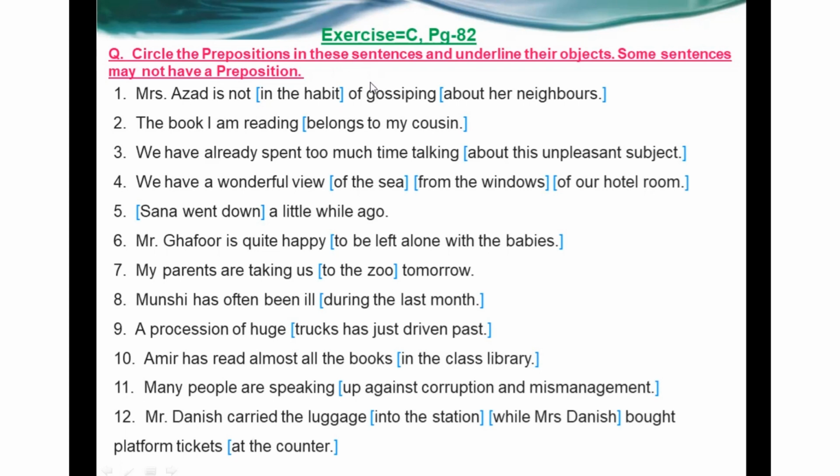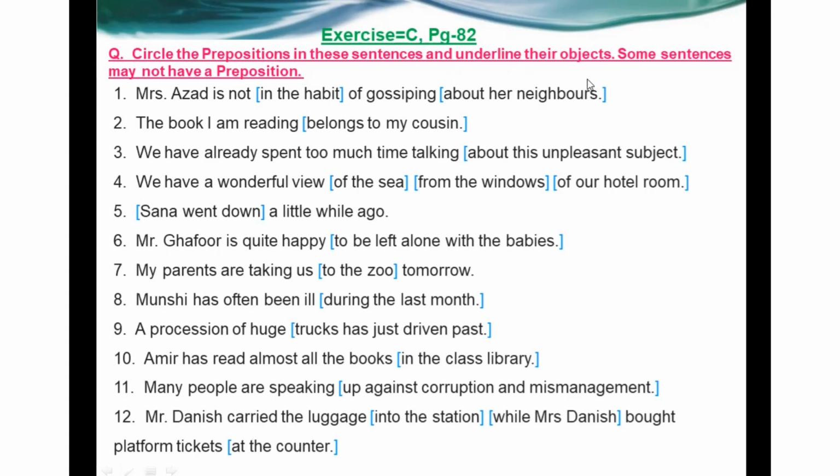Then according to your book there is a second preposition picked for you also, so students cancel that with the pencil, because gossiping can't be a noun or a pronoun, it is a verb. So just cancel the second preposition, and the next preposition we'll be picking according to the book is about, and about comes with the object, right students?